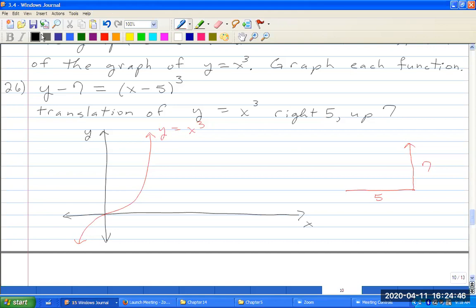So 1, 2, 3, 4, 5, 6, 7. 5 units in the x, that's pretty good, except that I did it wrong.